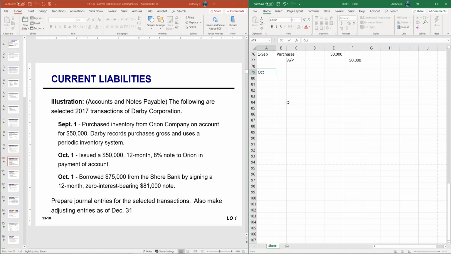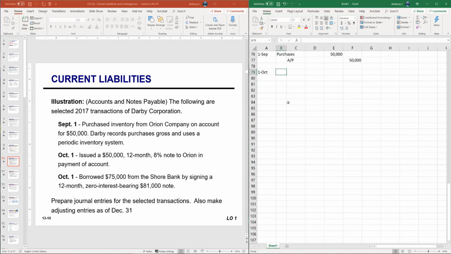So then October 1st, we issue a $50,000 12-month 8% note to Orion in payment of account. In other words, we purchased $50,000 of inventory on account on September 1st. A month later, we're now just issuing a note in payment of that account.